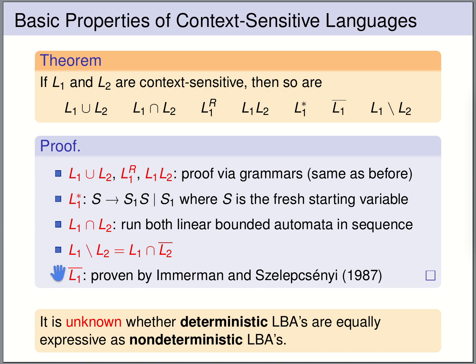There's one famous open problem still for deterministic linear bounded automata. It's not known whether they are equally strong as non-deterministic linear bounded automata. The linear bounded automata that we have discussed are all non-deterministic, and the question that is still open is, are deterministic linear bounded automata equally strong?